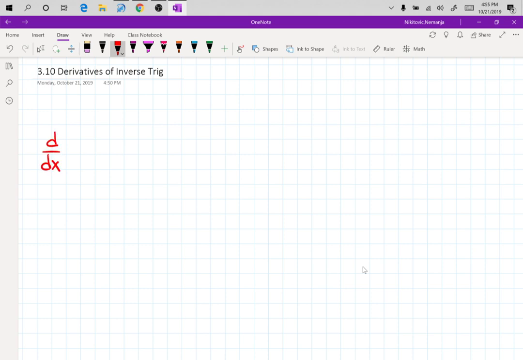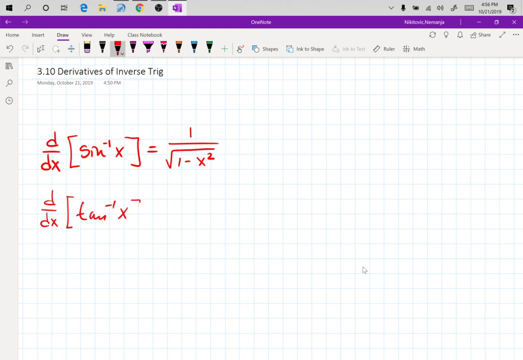So the derivative of sine inverse of x is going to be 1 over square root of 1 minus x squared. So that's an important one. Even more important is the tangent inverse of x, which is 1 over 1 plus x squared.